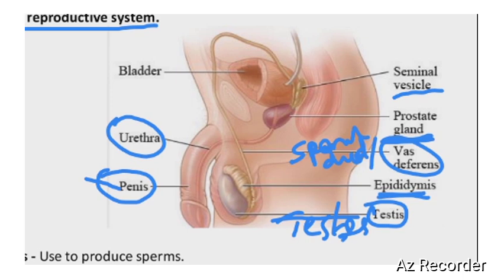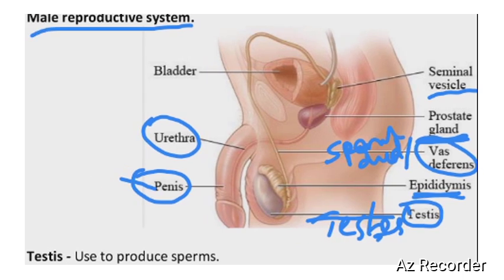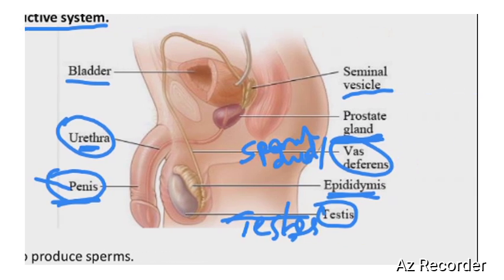Then we have this muscular part called the penis. Then we have this tube that allows urine to get out of the body, or sometimes sperms. We call it the urethra. Then of course we have the bladder, which is used for storing urine. So those are the parts of the male reproductive system.